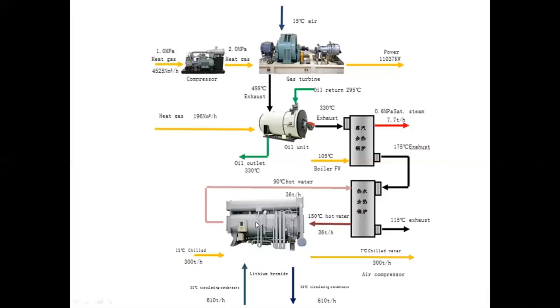They've got 12 degree return chill water, 300 tons an hour, that's being chilled down to 7 degrees C and going out. And this is condenser water that's coming in. These things have to dump some heat. And then the final exhaust gas is 115 C.